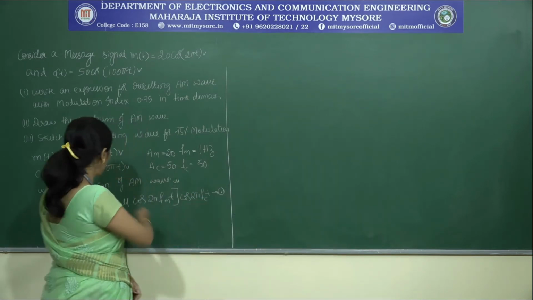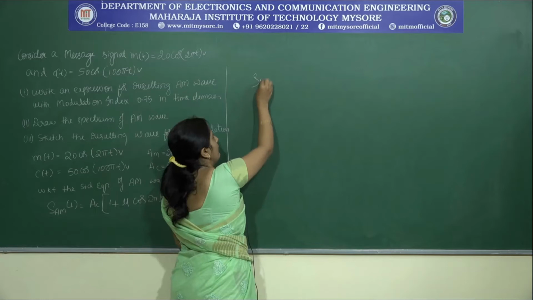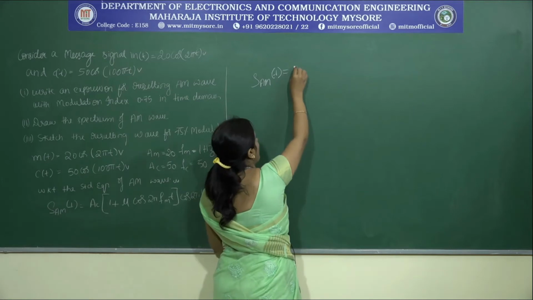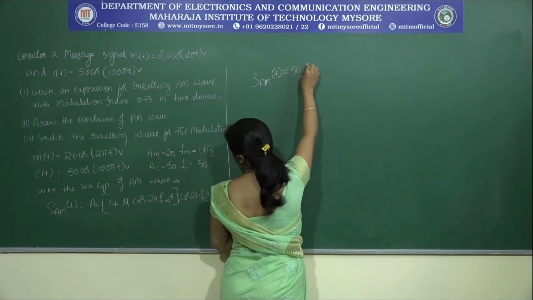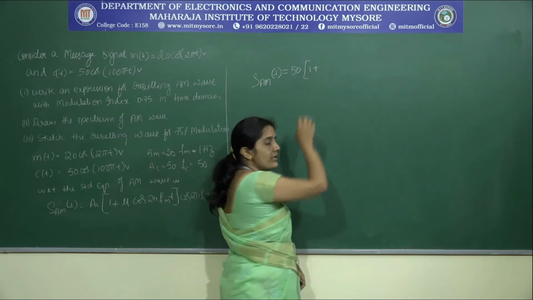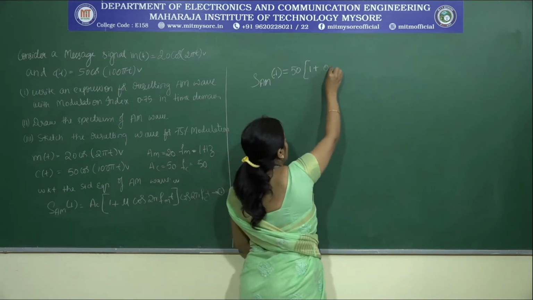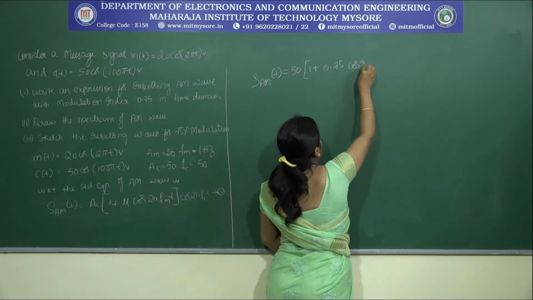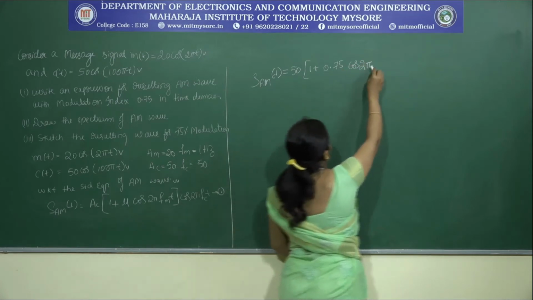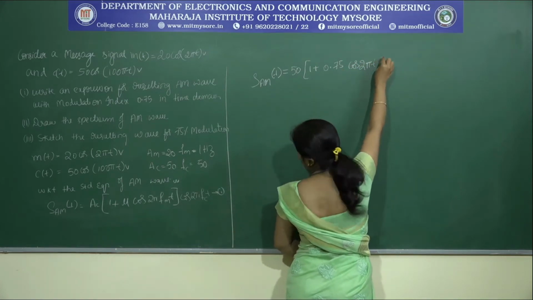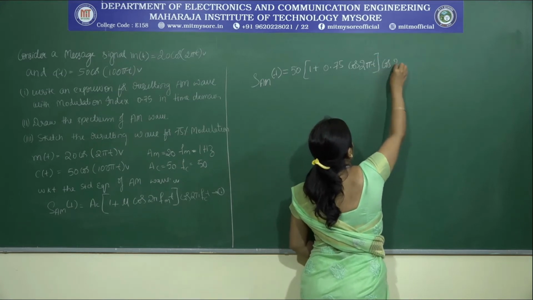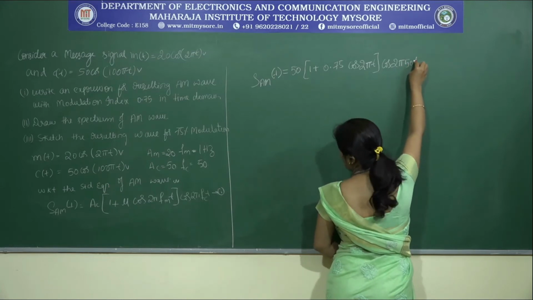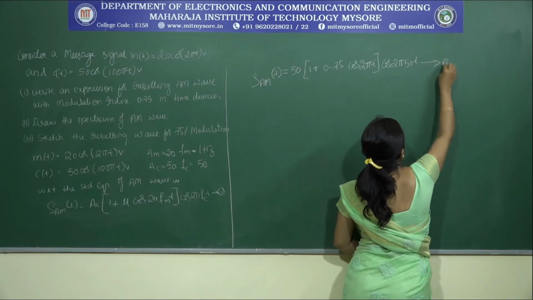So equation number 1 is s_AM of t is equal to Ac, which is 50, into 1 plus mu, where they have given mu equal to 0.75, into cos 2 pi fm t, where fm is 1 hertz, and cos 2 pi fc t, where fc is 50 hertz. Let us consider this equation as 2.